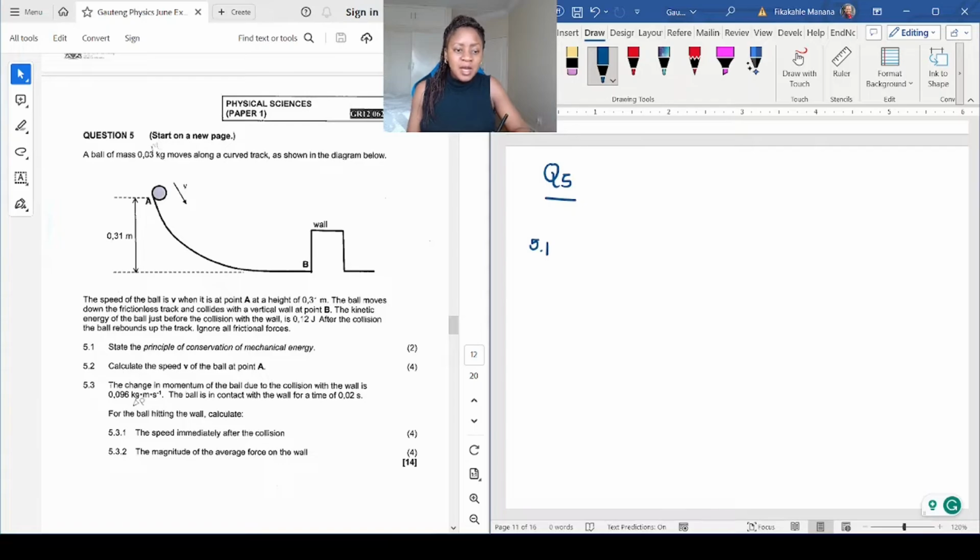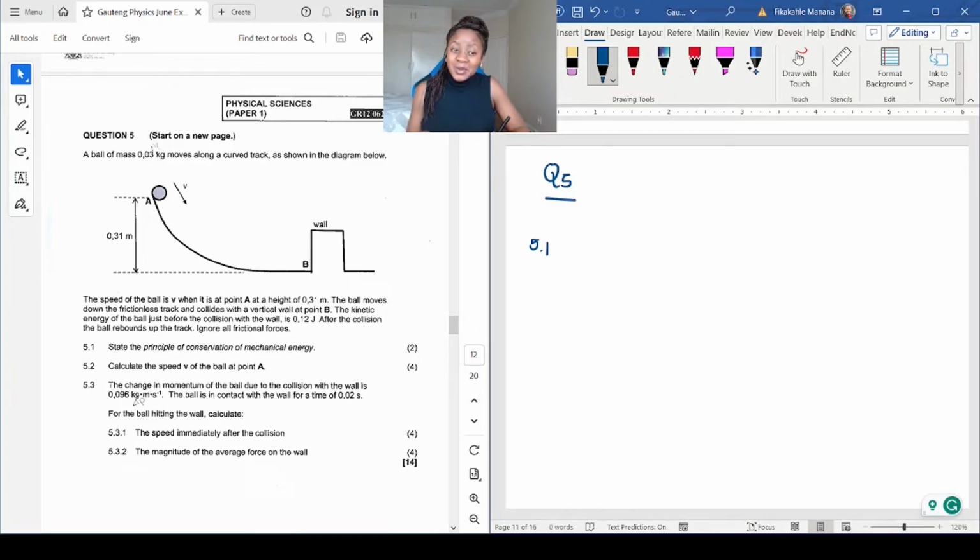The ball moves down the frictionless track and collides with a vertical wall at point B. The kinetic energy of the ball just before the collision with the wall is 0.12 joules. After the collision, the ball rebounds up the track. Ignore all frictional forces. So let's start with 5.1.